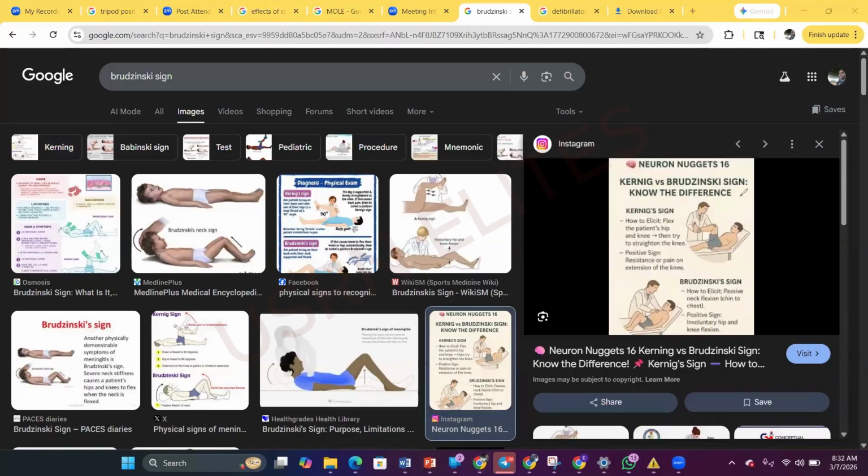First one here is Kernig sign. You see the person will lie down flat. Then the healthcare provider, or whoever is performing the action, will raise the patient's leg up and flex it at the knee and hip.